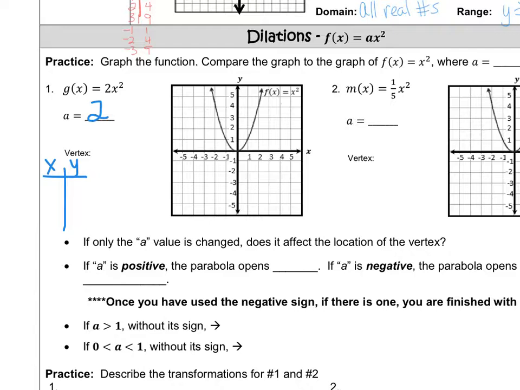So go ahead and pause your computer so that you can fill out some points on the table, and then go ahead and graph the equation. Once you have everything graphed, then go ahead and start the video back up.